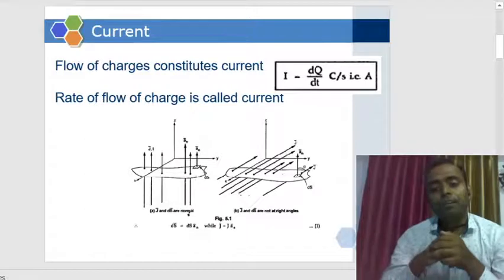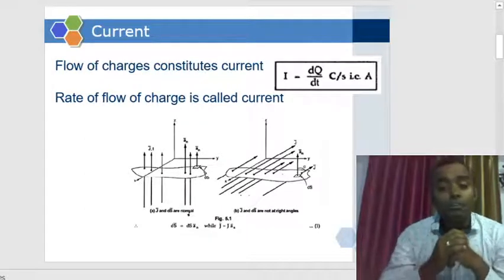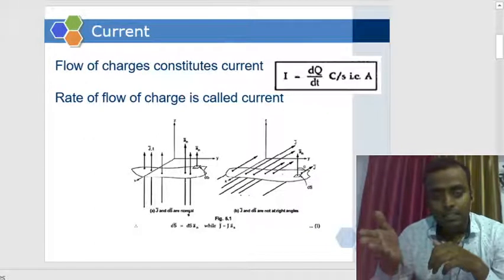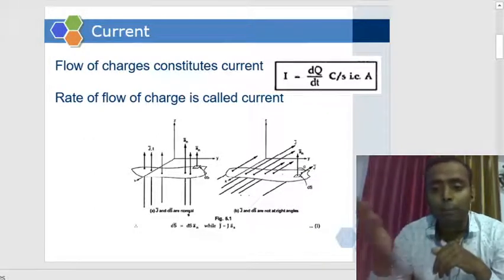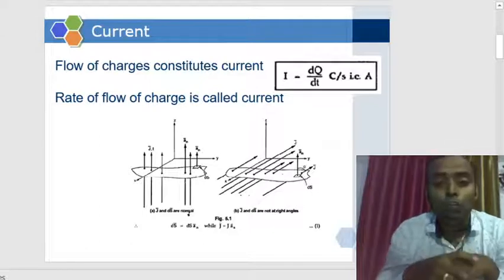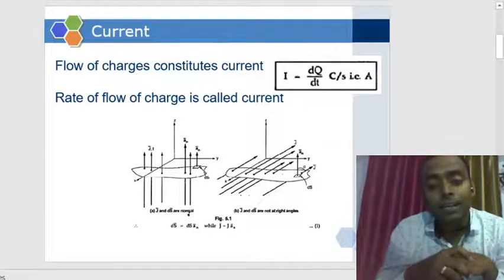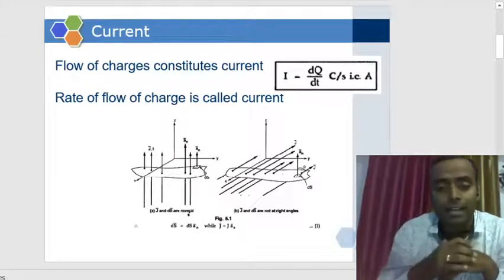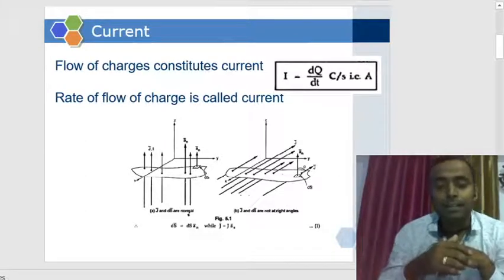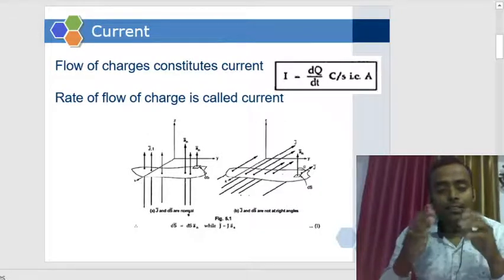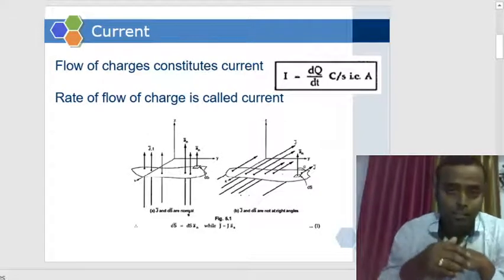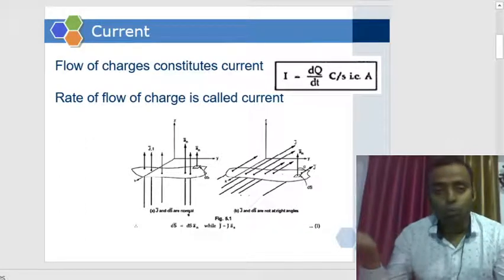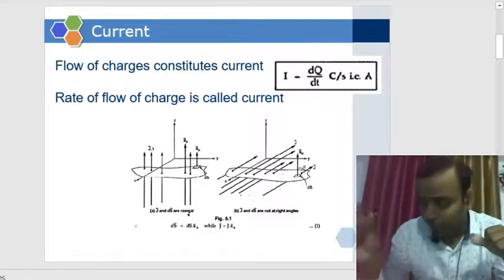charge per unit time. So d by dt is the rate of change, isn't it? So what will be the unit? It will be q, charge, coulomb, t, time, second. So coulomb per second. So the unit of current will be coulomb per second, and this coulomb per second is known as ampere. Okay, in our day to day life we use ampere and volt, but what is ampere, what is volt?